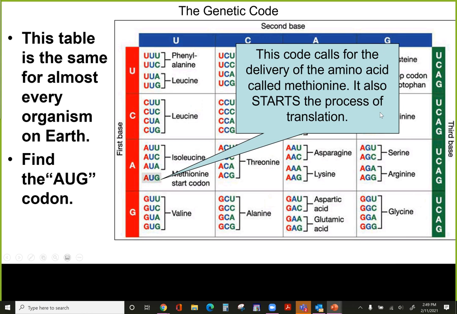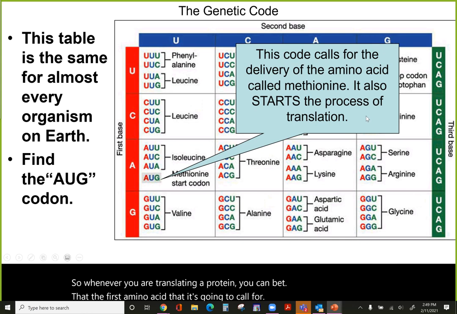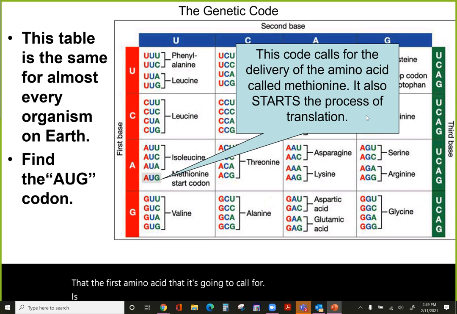So, whenever you are translating a protein, you can bet that the first amino acid that it's going to call for is methionine. Additionally, if you're looking at a strand of mRNA, if you spot AUG, that's a good indication that that's where you're going to start.